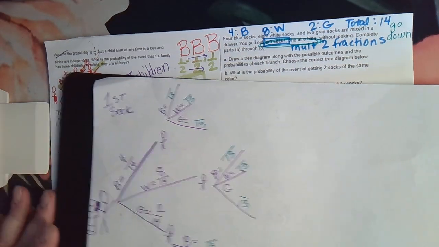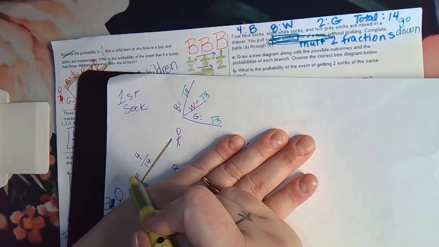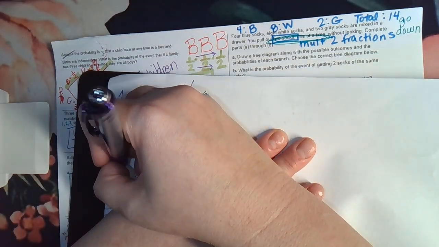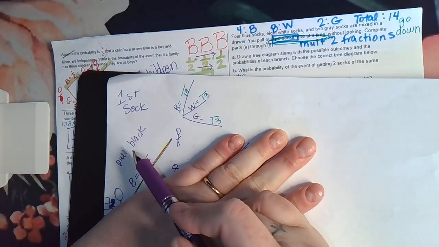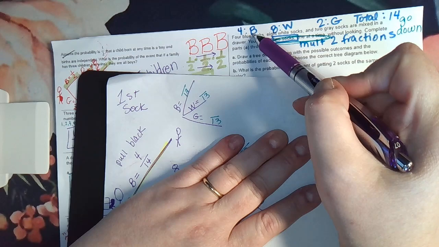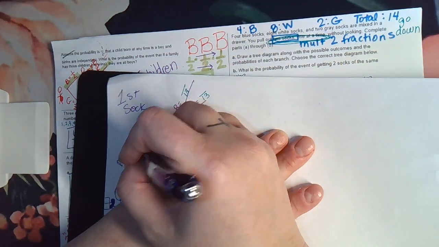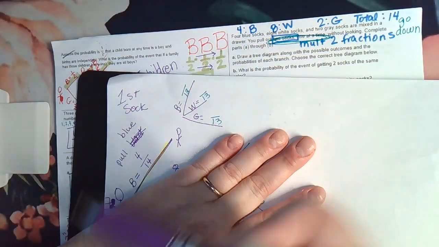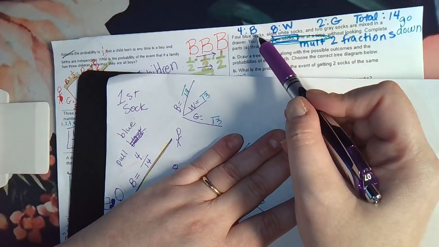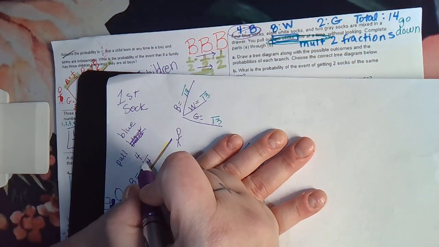Okay, now let's fill in the tops. If I look at this top branch, it means I pulled a blue. If I pull a blue, that means there's 1 less blue.